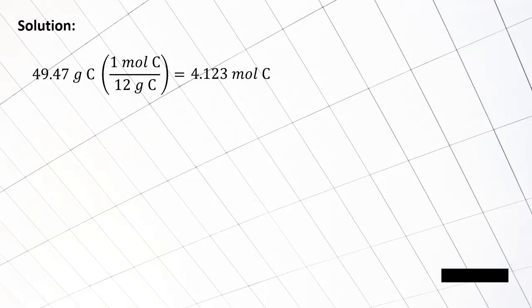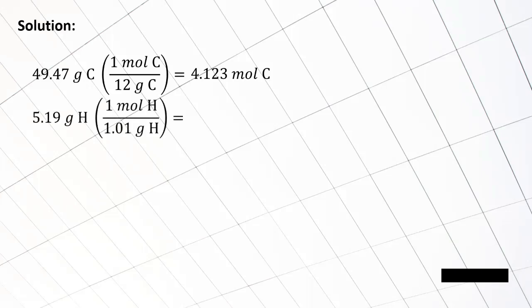Some periodic tables state that carbon has 12.01 grams or 12.002 grams, but as long as the values are close, we don't have to worry since we're solving for ratios here. Therefore, it will just be rounded off to the nearest whole number. Simplifying this equation, 49.47 grams of carbon times 1 mole carbon divided by 12 grams of carbon is equal to 4.123 moles of carbon.